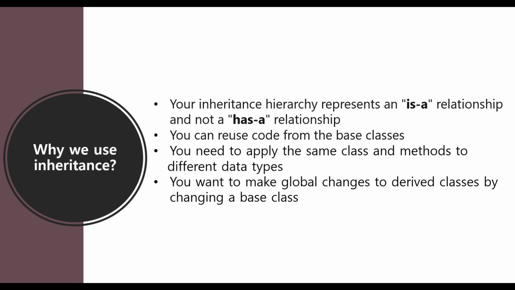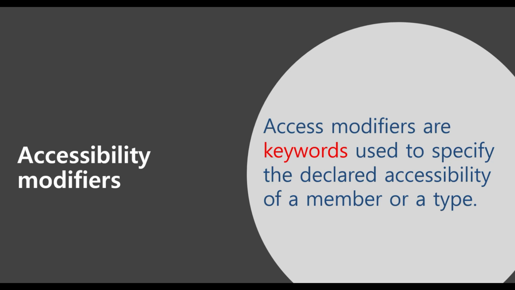In this case, we would have to go in each class and make these changes. Imagine if you have 100 different classes that implement this first name and last name, and we want to implement these changes. We would have to remember exactly all places in code where we have done this, and of course we would have to change it. But if you use inheritance and if we have a base class that contains a first name and a last name, if we want to change anything, we can change something in the base class, and then all the changes would be automatically reflected also in the derived classes. So this might be also a very good reason to use inheritance.